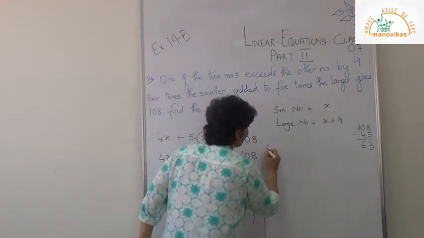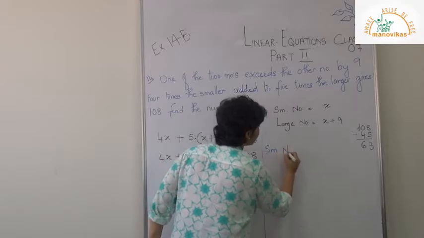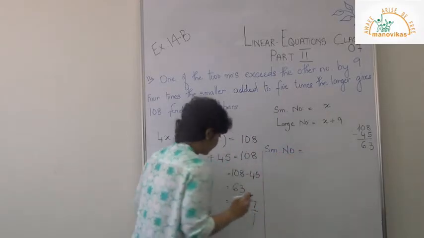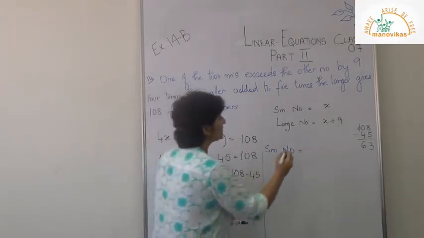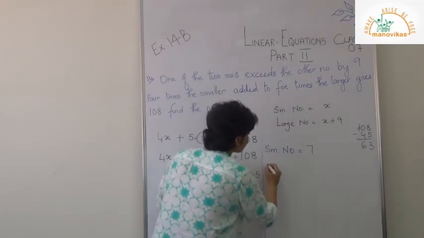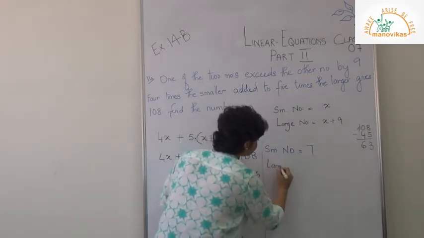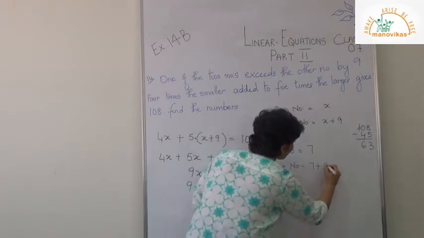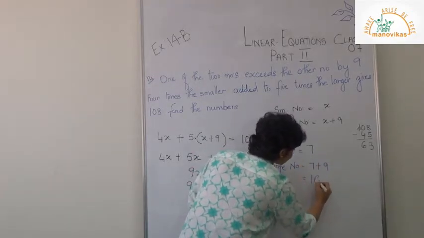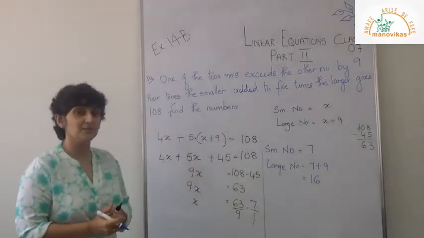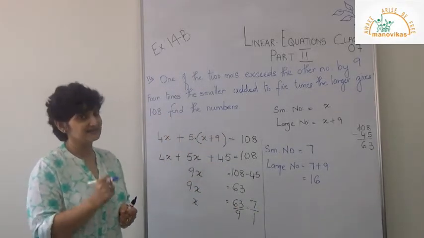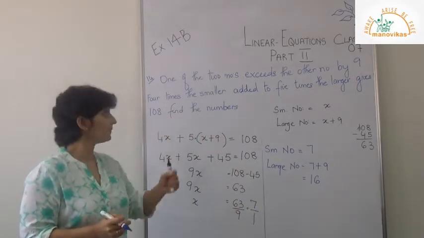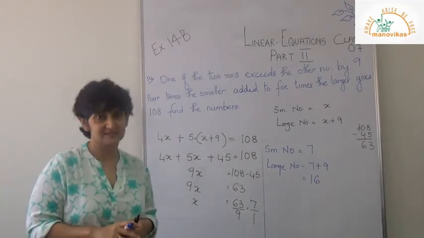I know my small number, that is x, correct? x is equal to 7. So what is my large number going to be? The large number is 7 plus 9, that is 16. So the two numbers are 7 and 16. I hope I'm clear. Let's move on to the next sum.